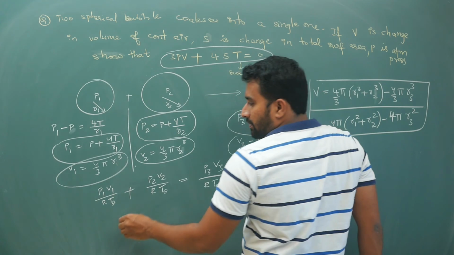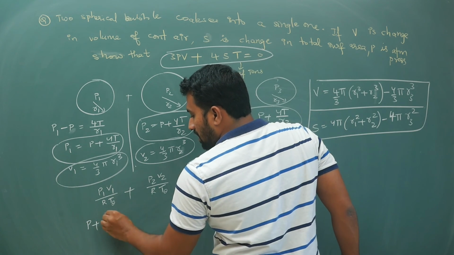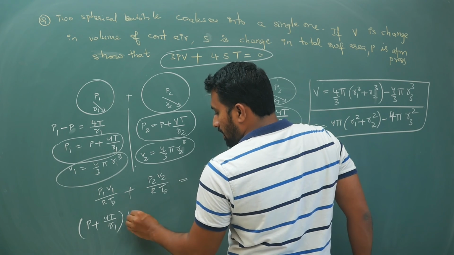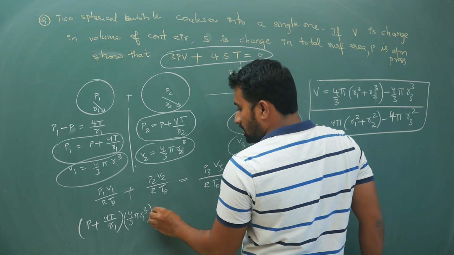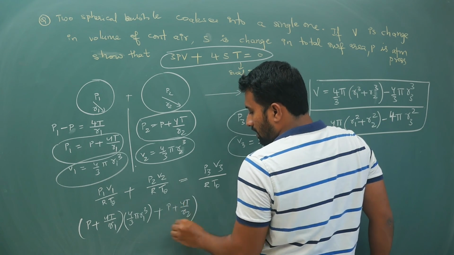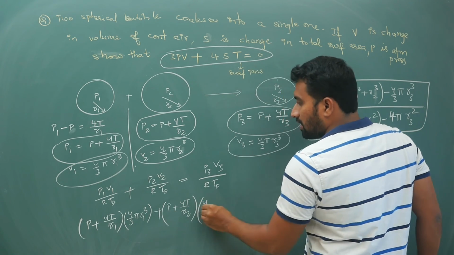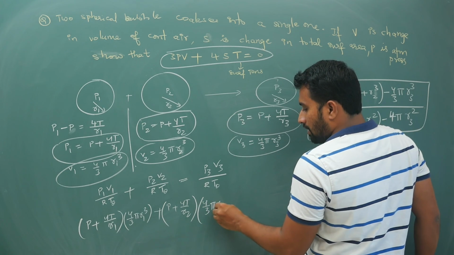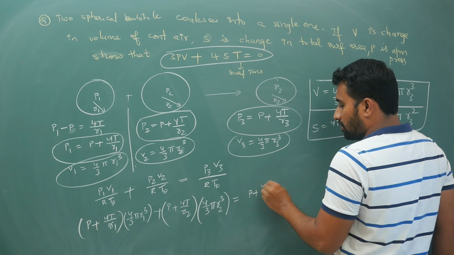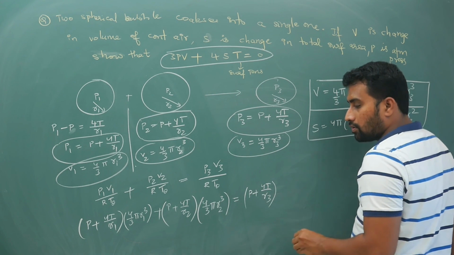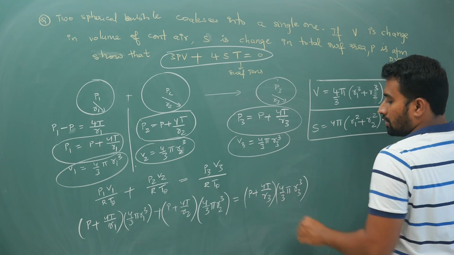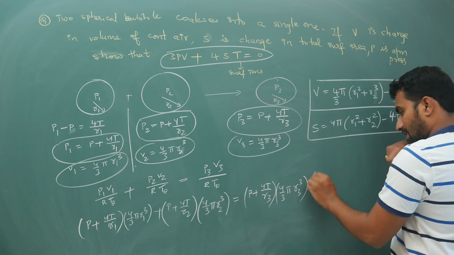So P1V1: P plus 4T by R1 times 4 by 3 pi R1 cube, plus P plus 4T by R2 times 4 by 3 pi R2 cube, is equal to P plus 4T by R3 into 4 by 3 pi R3 cube. So simplify this, get the answers.